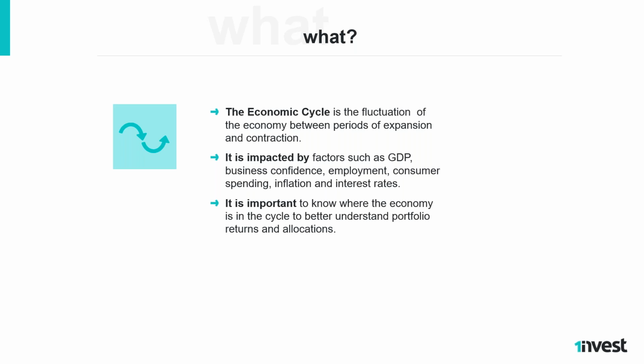And as you know, economic growth is impacted by many factors, some of these being employment, consumption, consumer and business confidence, interest rates, and as we've seen recently, a healthcare crisis can significantly steer the direction of economic growth.